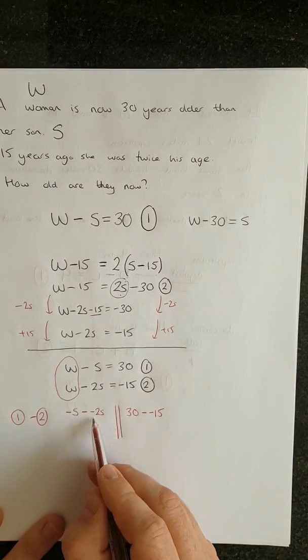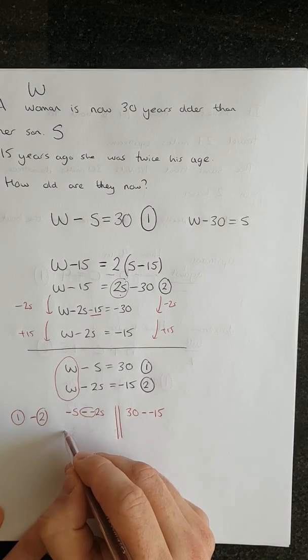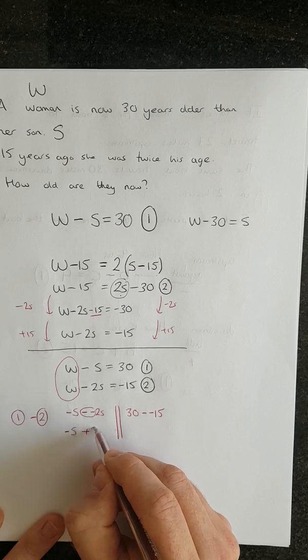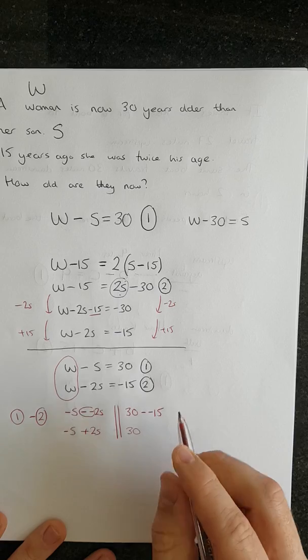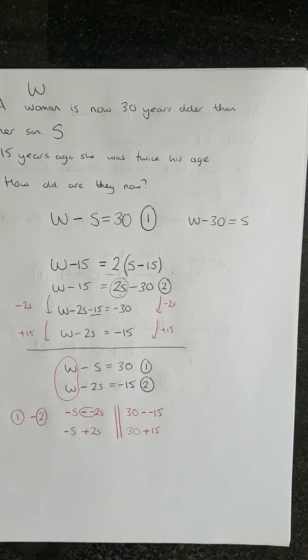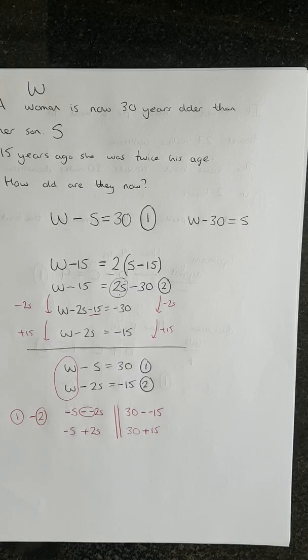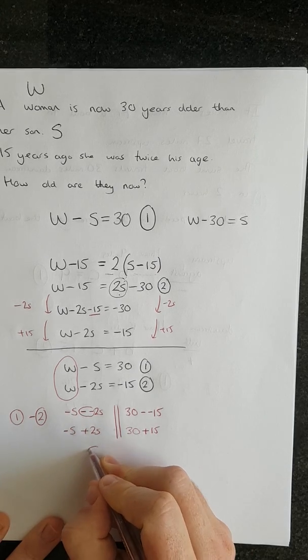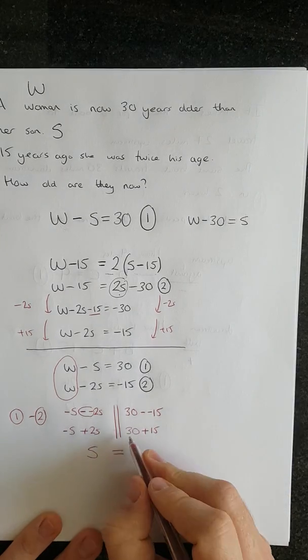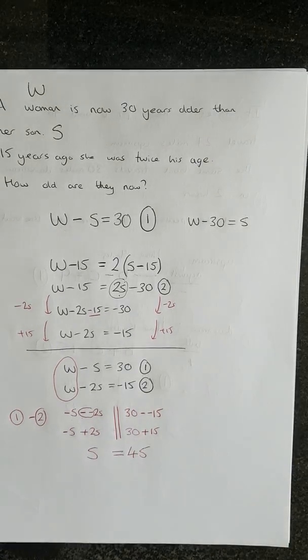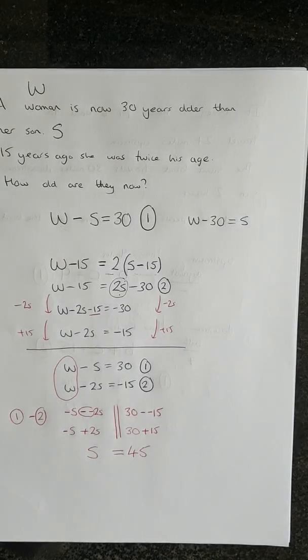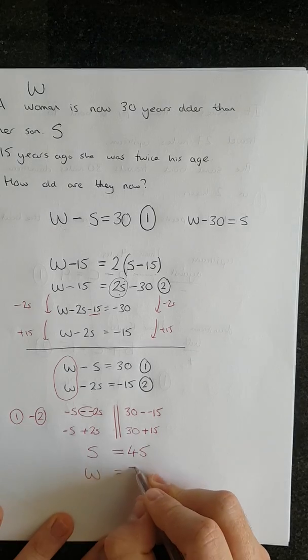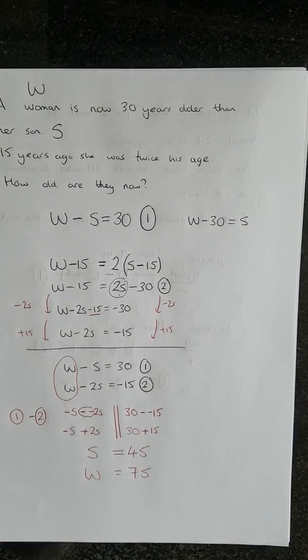Minus S subtract minus 2S, so that becomes minus S add 2S. And this becomes 30 add 15. This becomes S, and this becomes 45. And her mum is 30 years older than the son, so she is now 75.